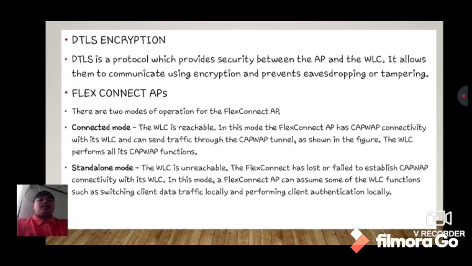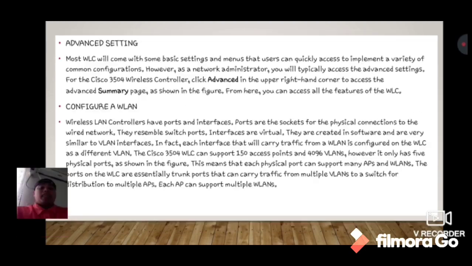Standalone mode: the WLC is unreachable. The FlexConnect AP has lost or failed to establish CAPWAP connectivity with its WLC. In this mode, a FlexConnect AP can assume some of the WLC functions such as switching client data traffic locally and performing client authentication locally.